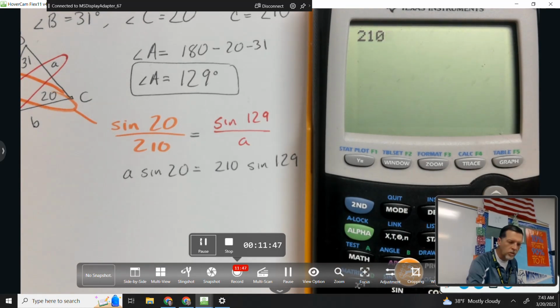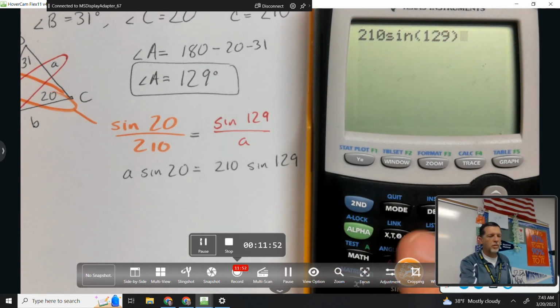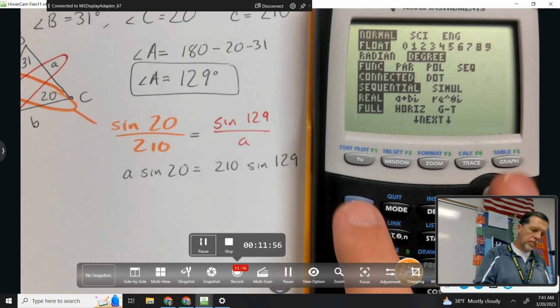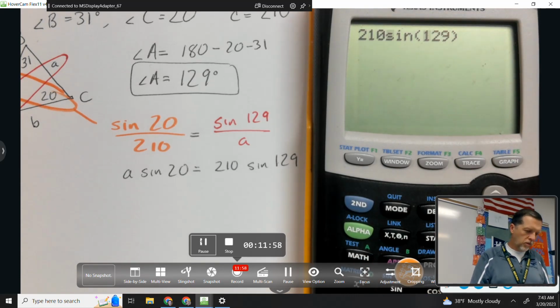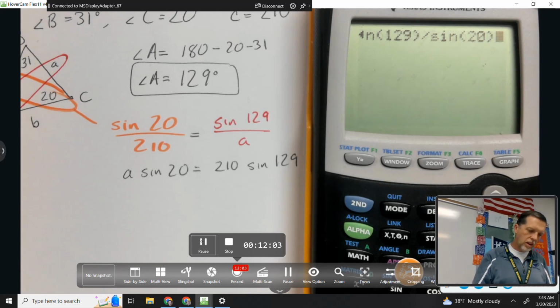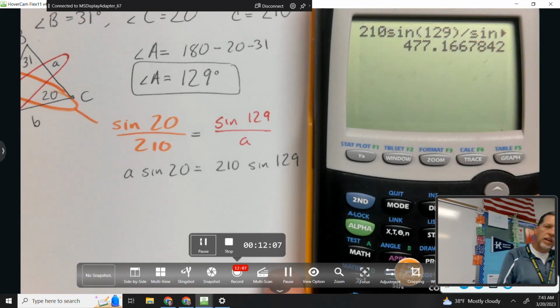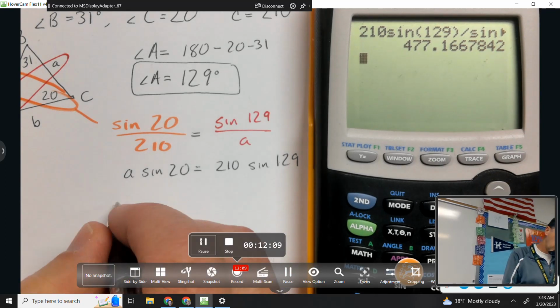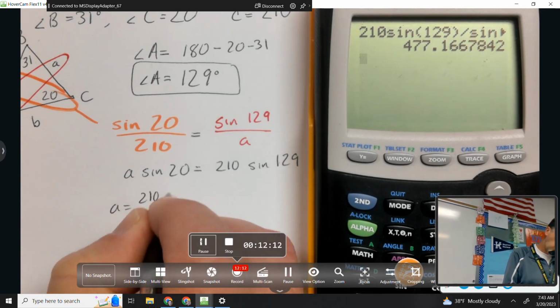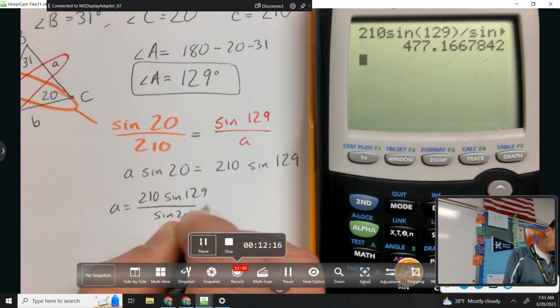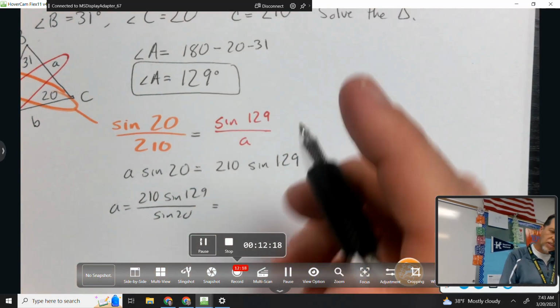All right, 210. How do you turn to degrees? Mode. 210 sine 129 divided by sine of 20. And there's my side A, 477.167.